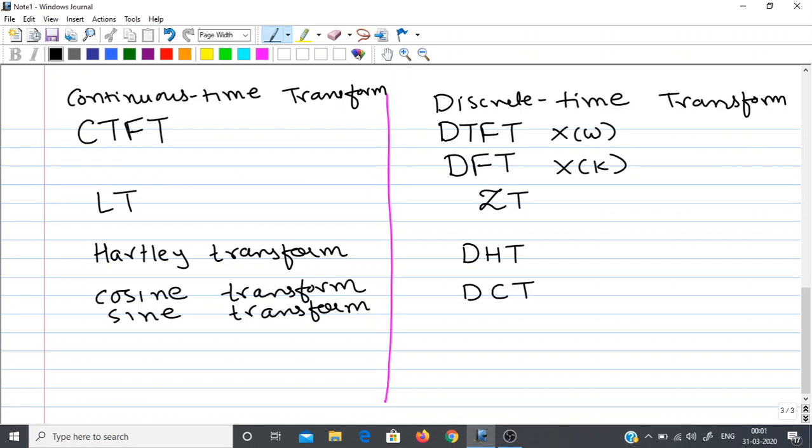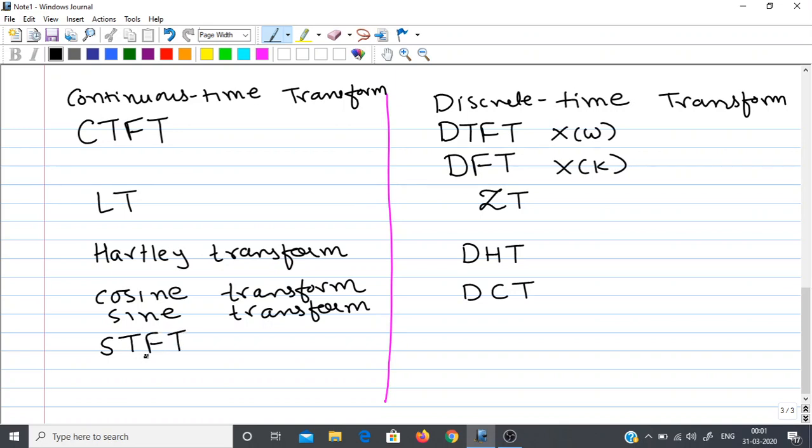In those cases, your transform would be not only a function of frequency, but also a function of time. So to plot that time frequency representation, you will need a 3D plot. Now we are going towards time frequency representation. The simplest time frequency representation is called the short time Fourier transform.